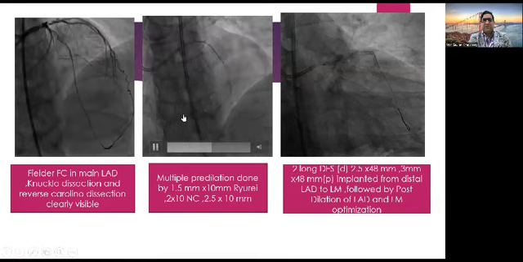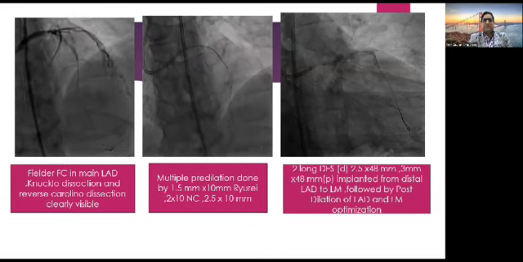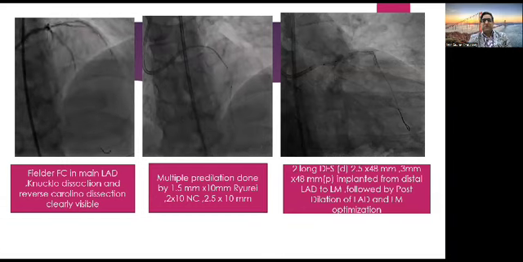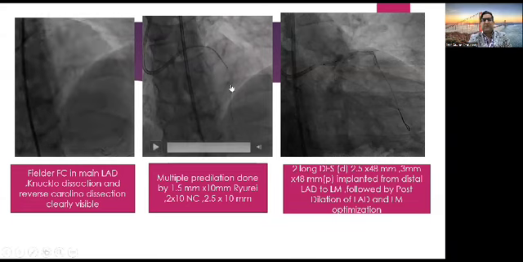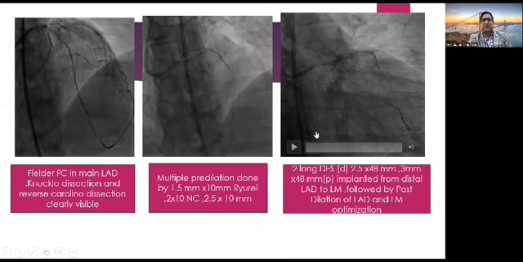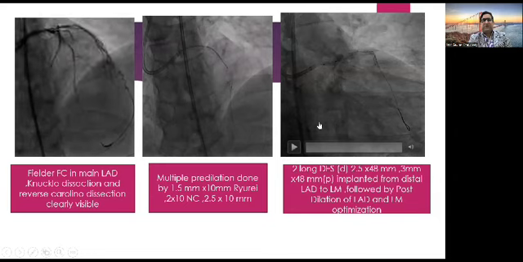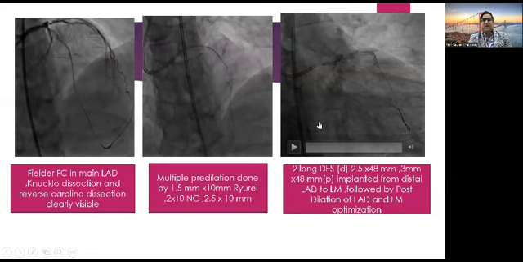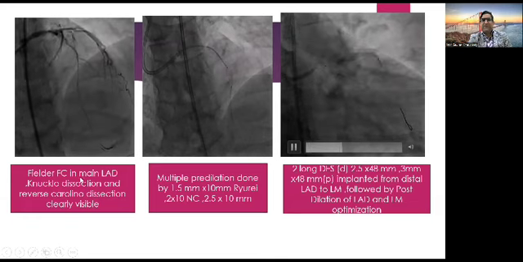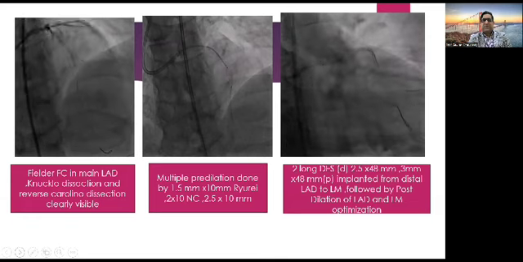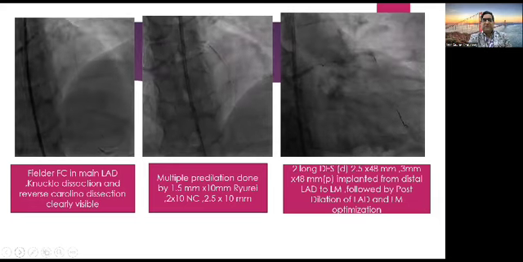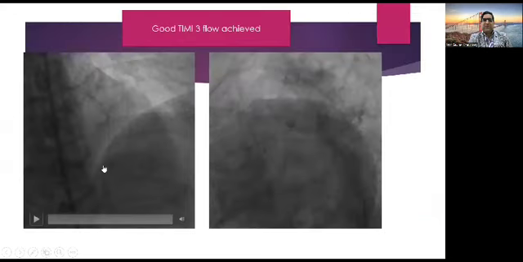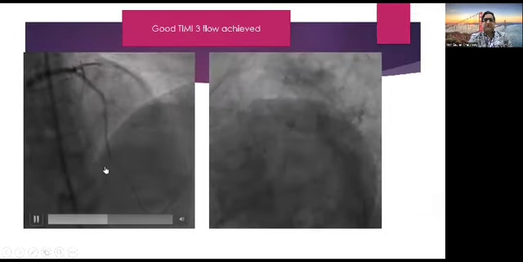Now there was a difficulty in crossing even the smallest of balloons, and we could dilate it with the 1.5 by 10 millimeter Ruri balloon, and then the non-compliant balloons were taken. So we were dealing with a calcified situation, and this was the problem caused by this lot of calcium.